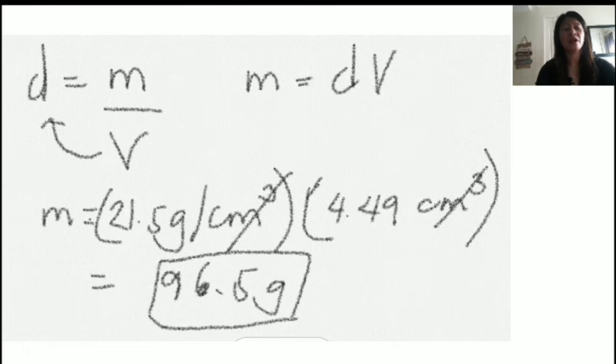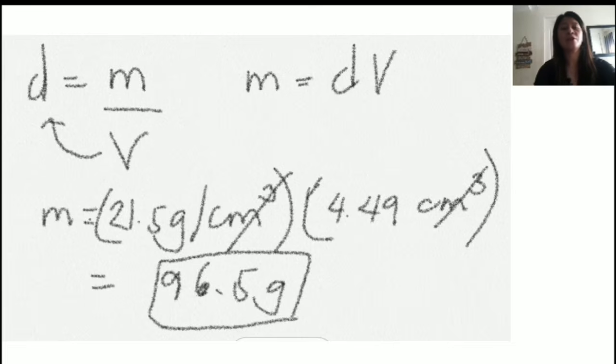For the derivation, you cross-multiply density and volume to get the equation mass equals density times volume. You first substitute the given density and volume, and then you multiply.